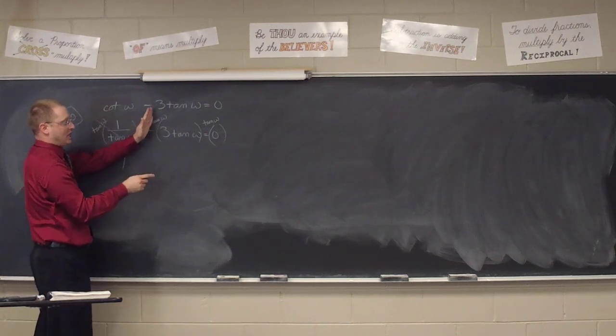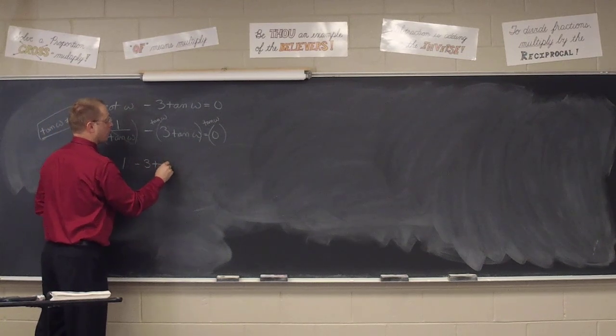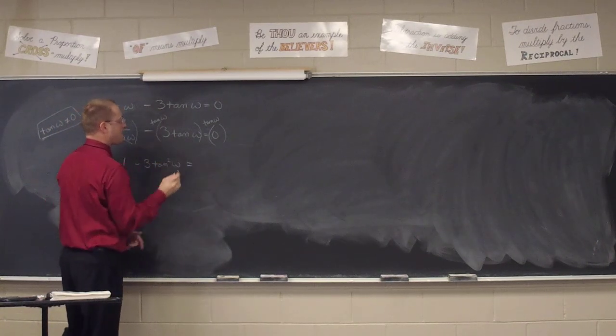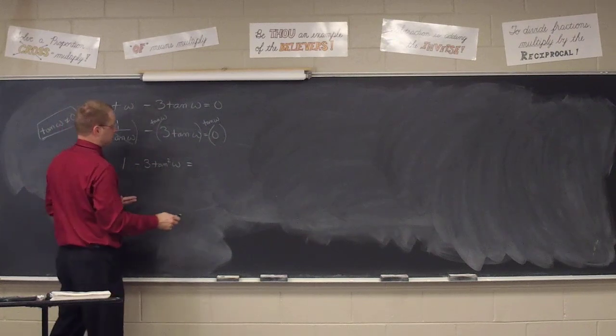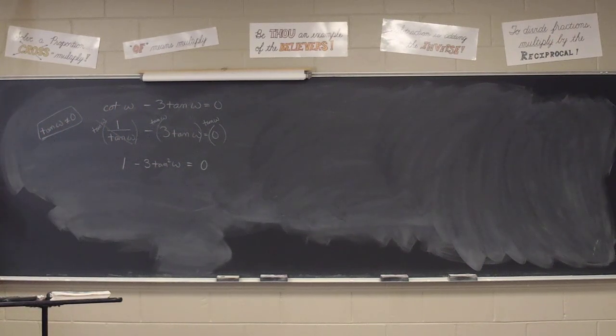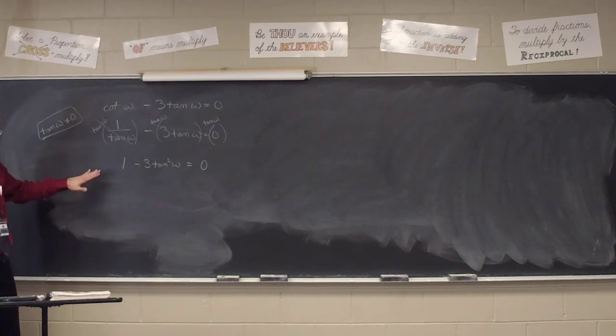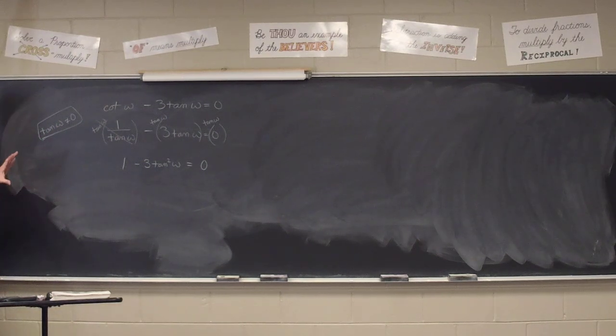Here, we have a negative tangent times 3 tangent, so negative 3 tangent squared omega, and tangent times 0 is 0. And all of a sudden now, we've artificially made this a quadratic. It didn't look like a quadratic to start with. We've made it a quadratic, and so again, that's the reason why there's the chance we could have extraneous roots here.